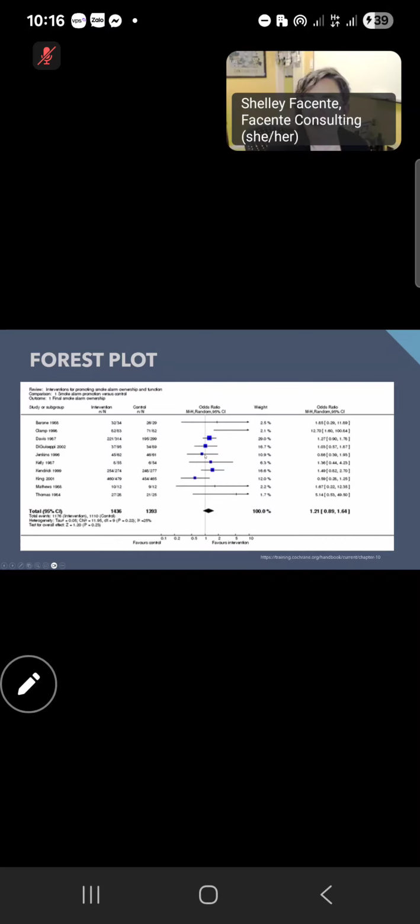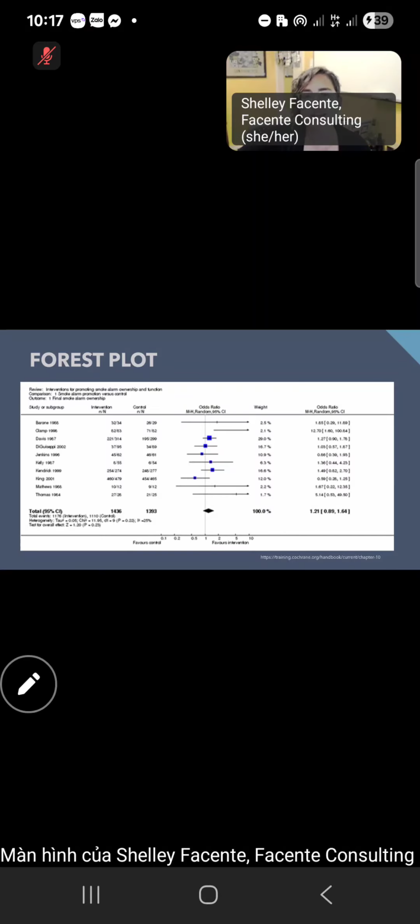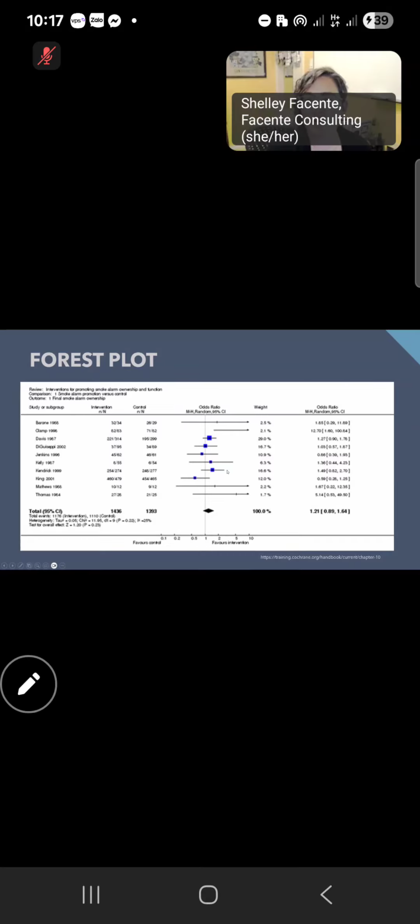And then the length of the confidence interval is related to the variance of the study, like the precision or how much variance there was in the study. And that's actually typically what's used to weight the study. So usually people are calculating an inverse variance weighted average, is what it's called. So the more the variance in the study, the less weight it's given in the average. The more precision, the shorter the confidence intervals, the more weight that study is given when it's pooled.